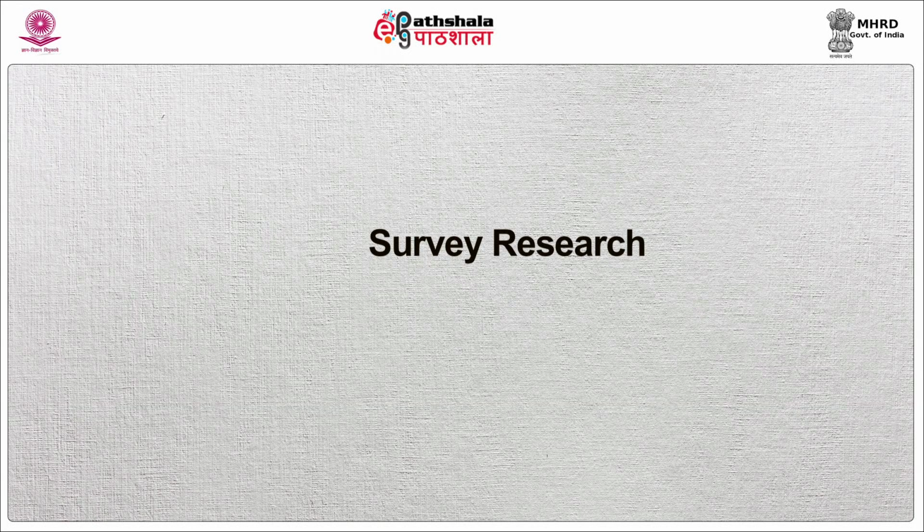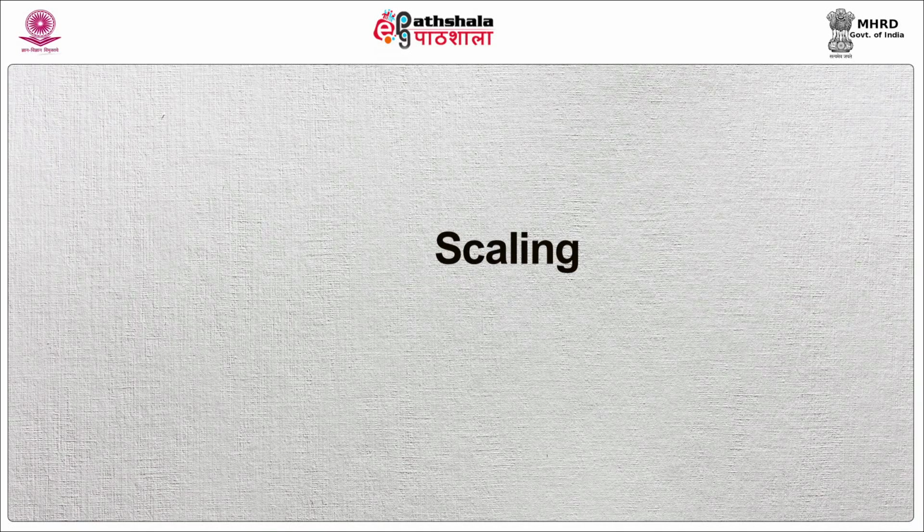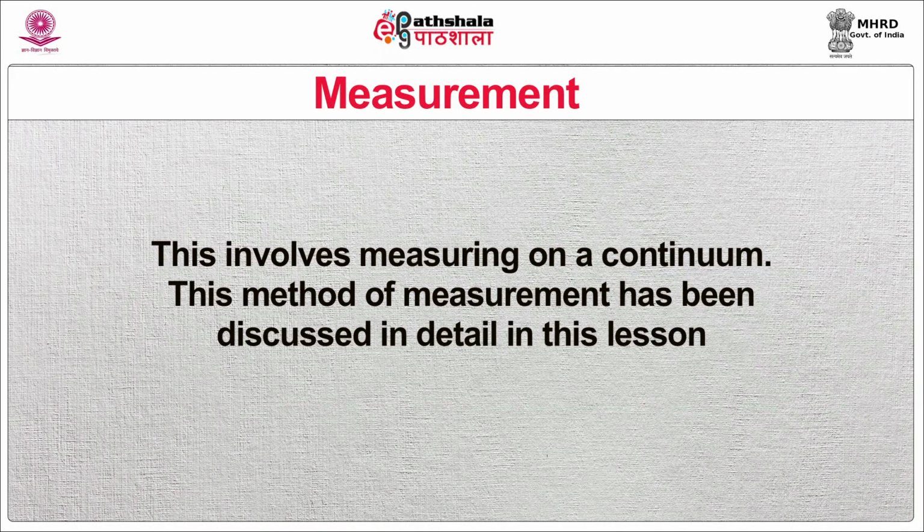First, the survey research. This category of measurement refers to the design and implementation of interviews and questionnaires. This refers to instrumentation for measurement. Second, the scaling. This involves measuring on a continuum.